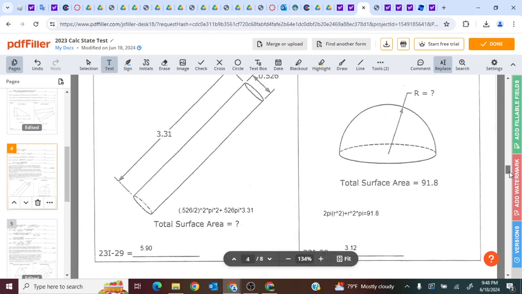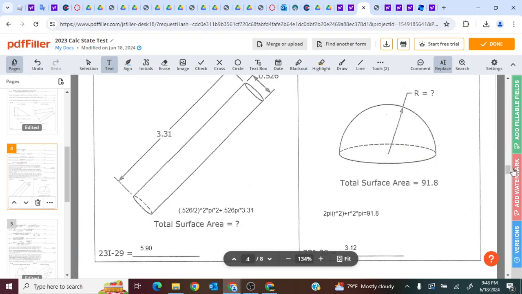Okay, hemisphere, you're looking for the radius when you're given the surface area. Then you will equate, or basically how it's going to work out. Let's start with the spherical surface area right here.